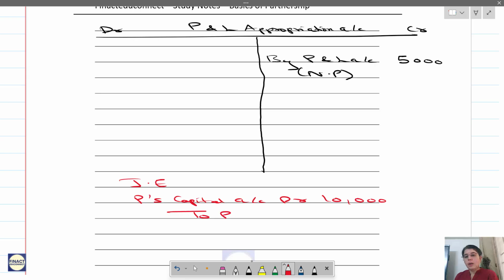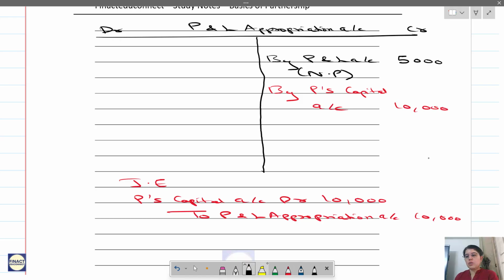To P&L appropriation account, 10,000. So here in the P&L appropriation account we are crediting, so by P's capital account 10,000.